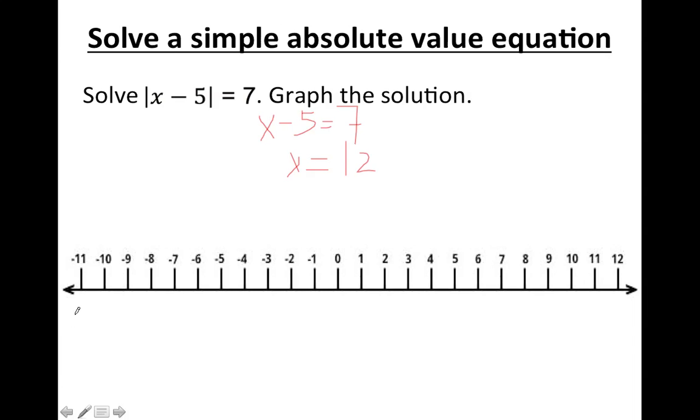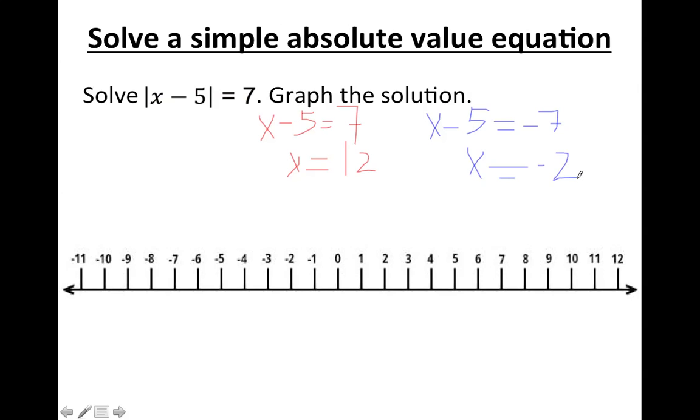And then your second equation, let me change the color here real quick, make it blue. Again, you rewrite what is inside the absolute value, but whatever is on the right-hand side, you make that negative. So we have negative 7. And again, it's a simple one-step equation. You add 5, and we get x equals negative 2.